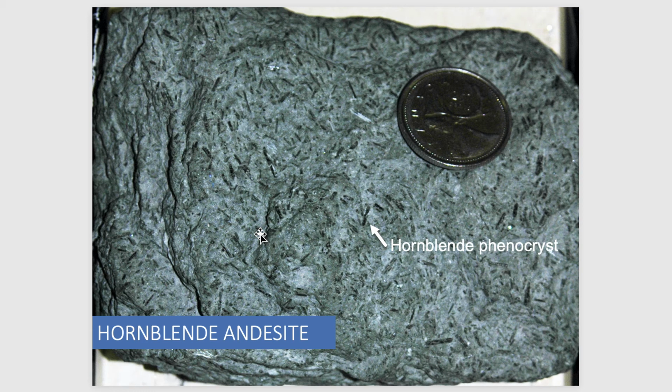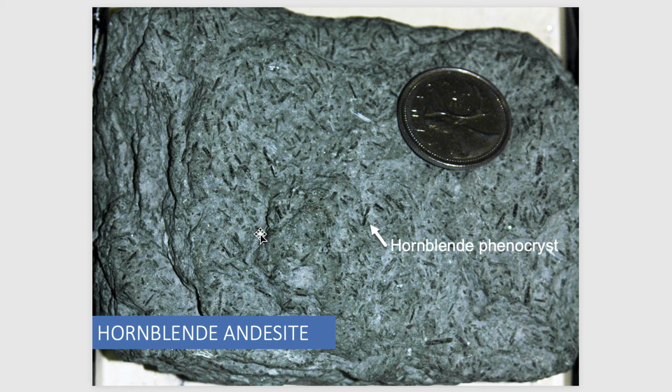In this examination, you will ask me questions about the different phenocrysts, and we can discuss them together and sort of reach a conclusion with respect to the main mineralogy.